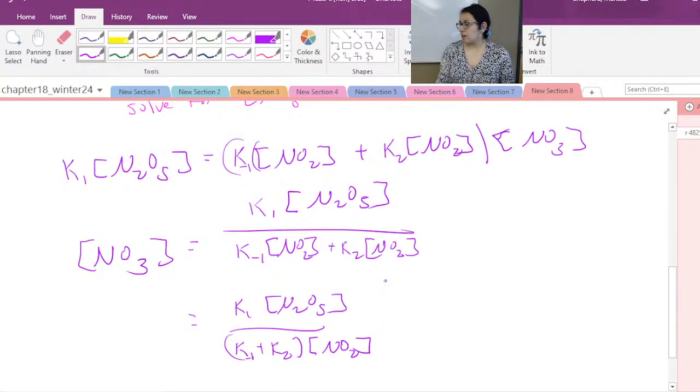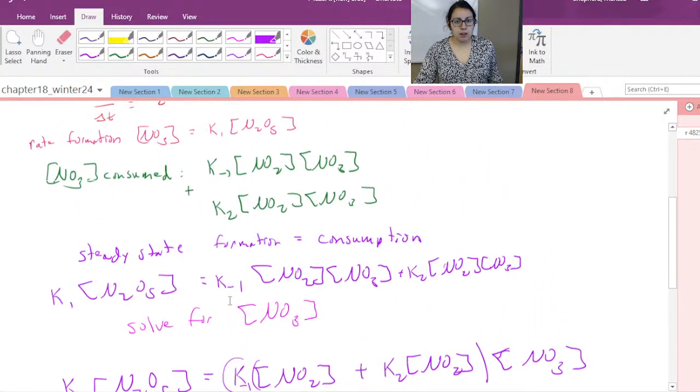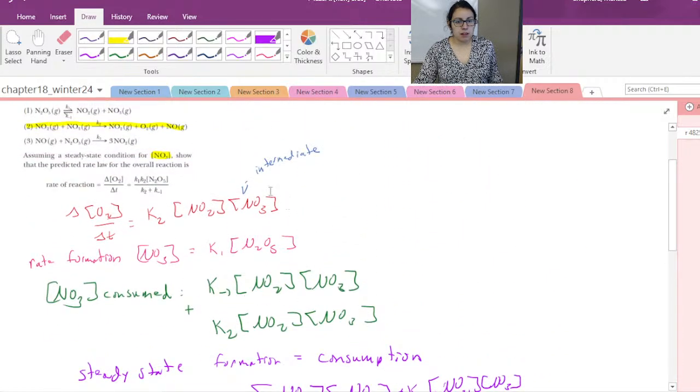I just rewrote that there. Now that we have solved for NO3, we should be able to plug it back into this expression, times our NO2.